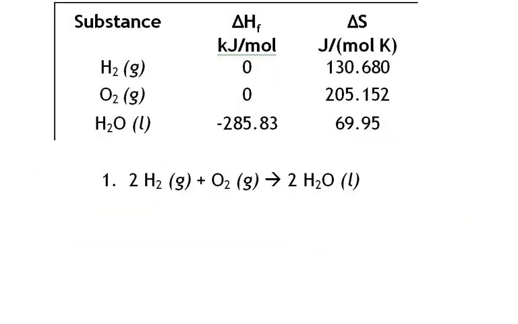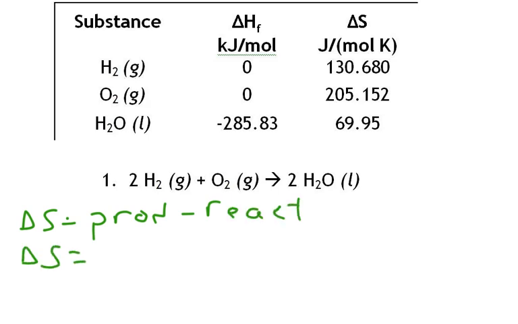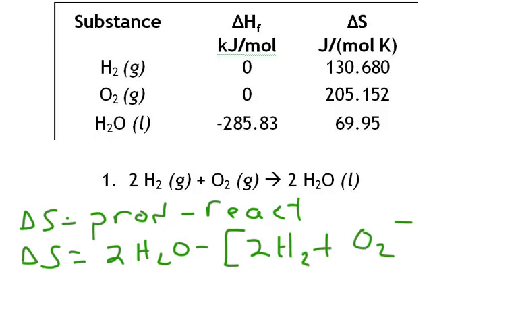Next, we're going to do the same thing for delta S. Delta S is also products minus reactants. Looking at the values, we have our 2 waters, again, minus the 2 H2 plus the 1 O2.